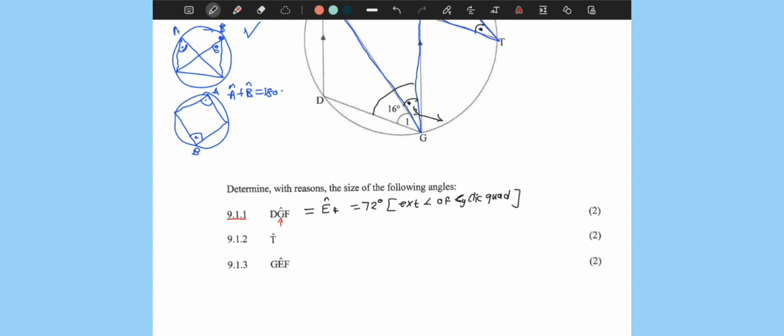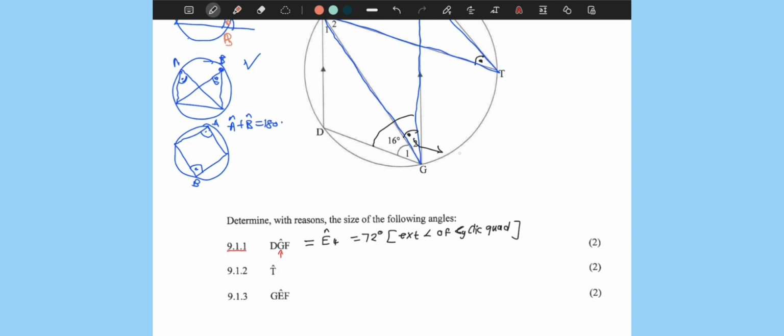To get G2, it's going to be 72 minus 16. So 72 minus 16 gives me 56 degrees. So the angle G2 is equal to 56 degrees.